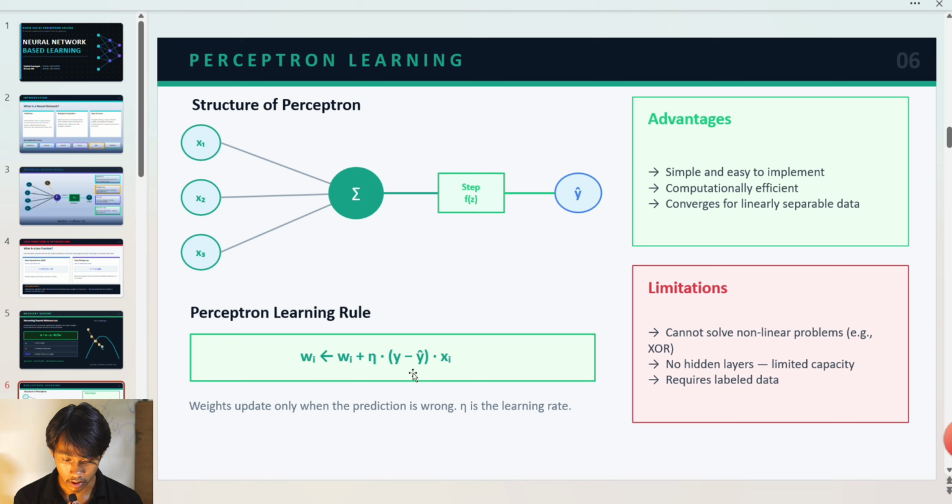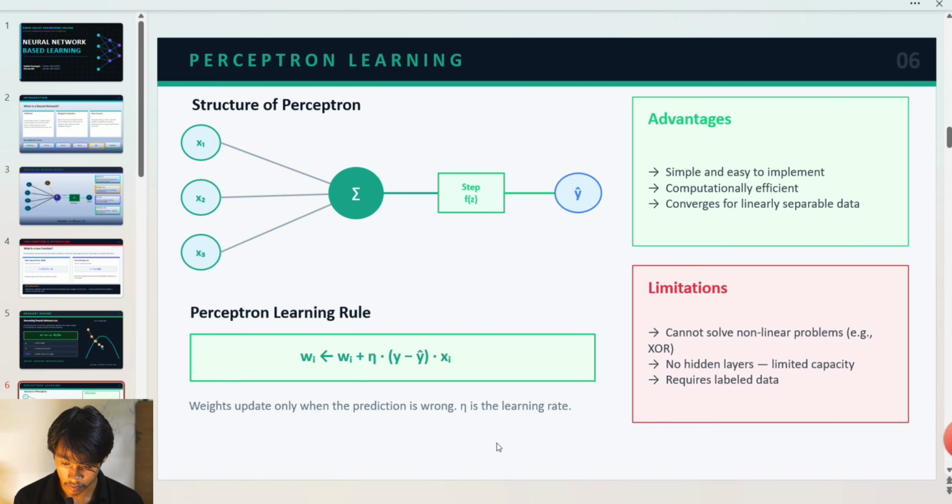This is the learning rule. This means weights are updated whenever the prediction is wrong. Advantages of perceptron learning are that it is simple and computationally efficient. However, it cannot solve complex nonlinear problems such as XOR.